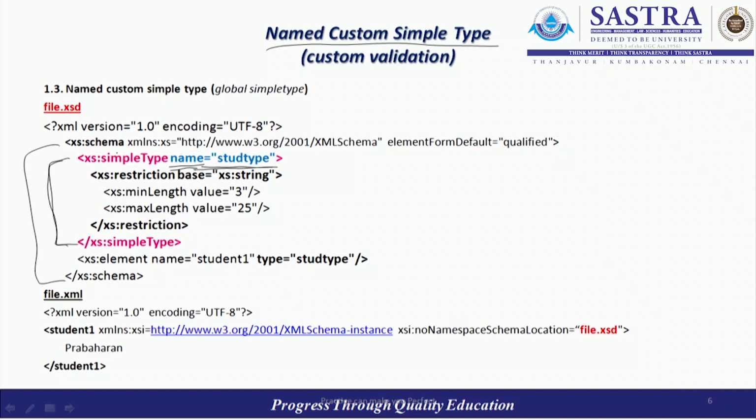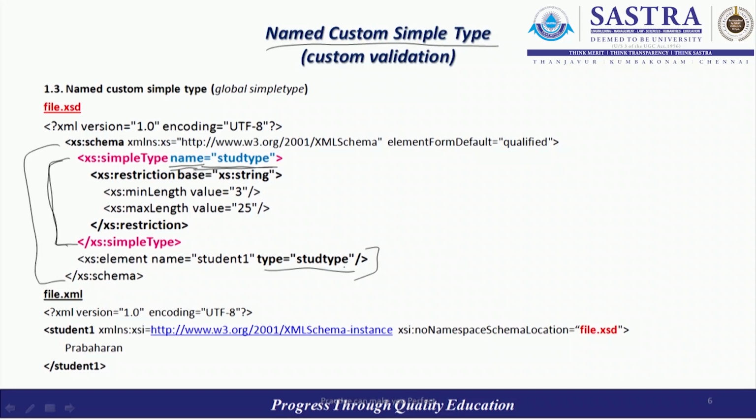After starting xs:schema, the simple type should be written outside of the element. Then to define any element, the type can be given as stud type. So this is the difference between named simple type and anonymous simple type.